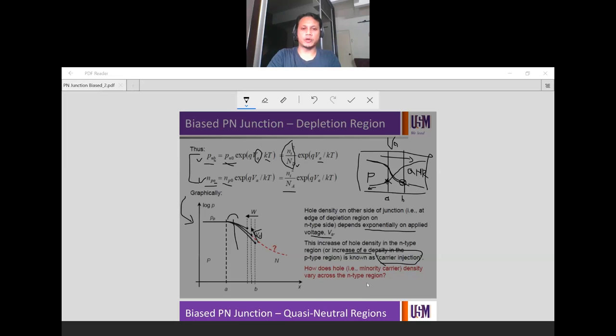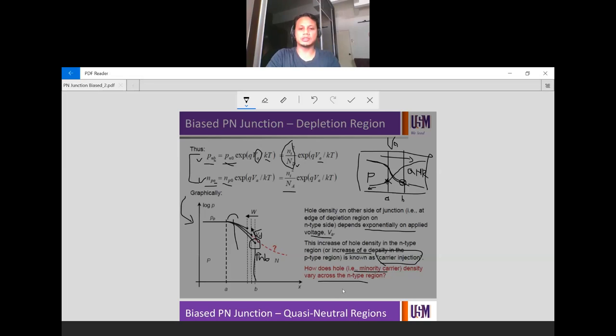So if you look at the question down there, how does the hole, that is the minority carrier density, vary across the N region? So now we know that if you use this equation, you can calculate, let's say, p and B. So you know the p and B here, for example, at point B. So you know the p and B, n and B. And that's given by p n naught times exponential qVA over kT.